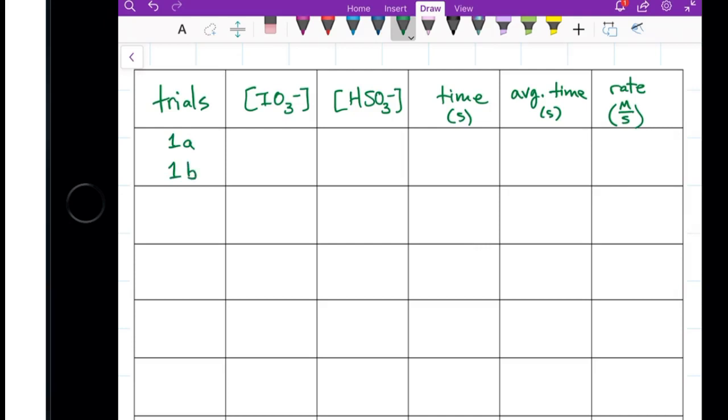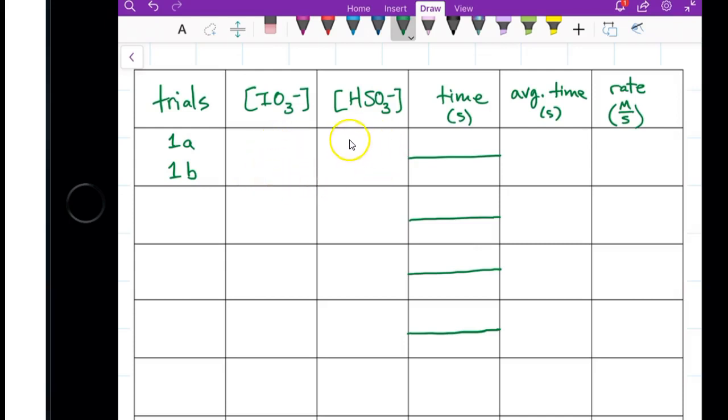And if it's a little bit crowded, because I didn't tell you that you had to have 2 trials in each row, but you really only need that row to be divided into 1A and 1B for time. So if you'll divide your time column in half, okay, all the way down, because you're doing 2 trials, but the concentration of iodate will be the same in trial 1A and 1B.